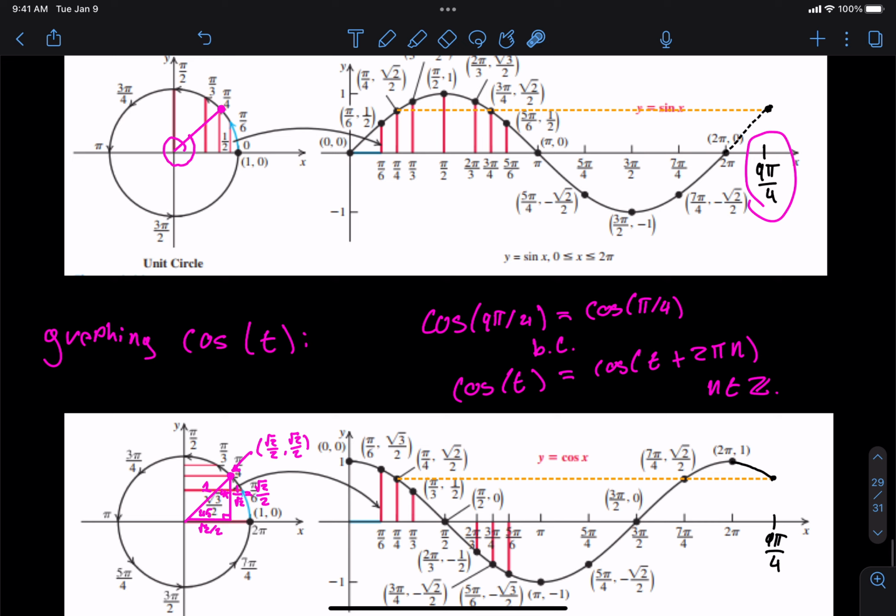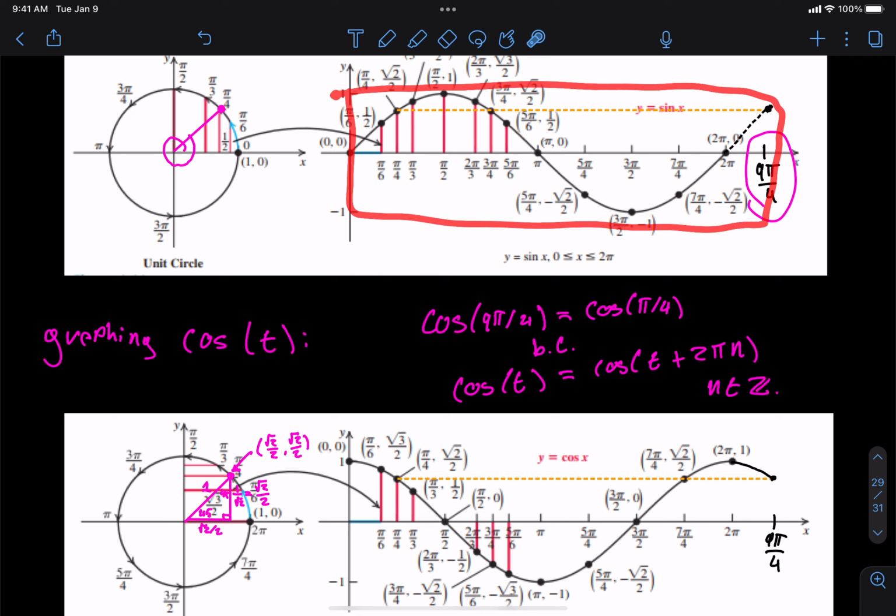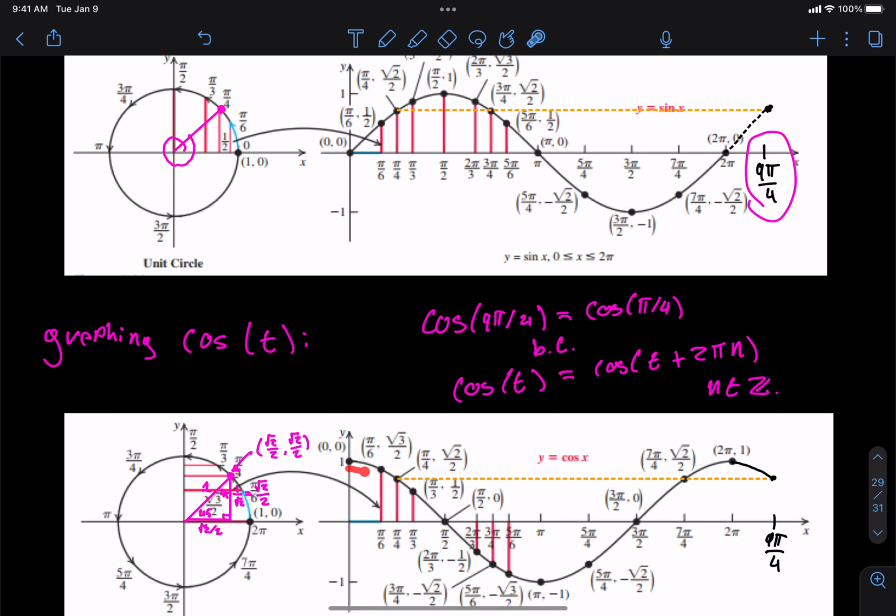It's like if we took this whole thing and moved it to the left a little bit, so that this point here would go to here. If we moved everything to the left, we would get the graph of cosine, right? They're both like this nice smooth wave. It's just that cosine is going to start up here, and sine is going to start right here and go up. And cosine starts at 1 and goes down.